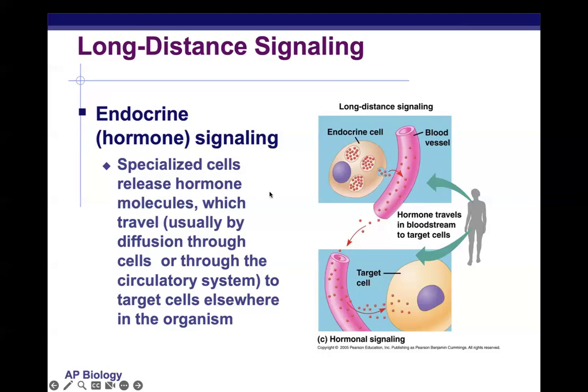And when they're produced, they travel a long distance, usually through the circulatory system to the target cells that might be in completely different areas of the body. So here is an endocrine cell secreting maybe a hormone traveling through the blood, and maybe here's a target cell in the reproductive system that's responding to those hormone signals.